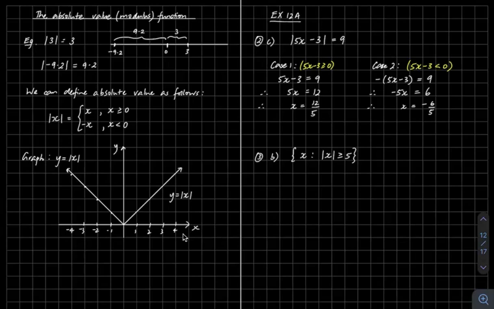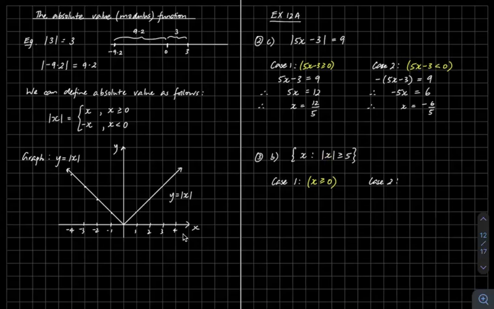So let's think about our 2 cases here. Case 1 and case 2. Now again, you don't need to write this bit here if you're pretty clear on this. So case 1 would be where the thing in the absolute value is greater than or equal to 0. Now the expression this time in the absolute value is just x.